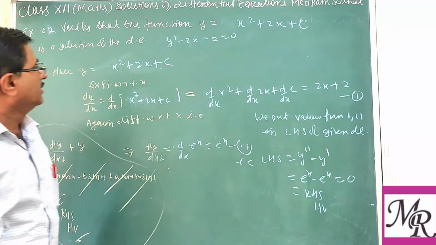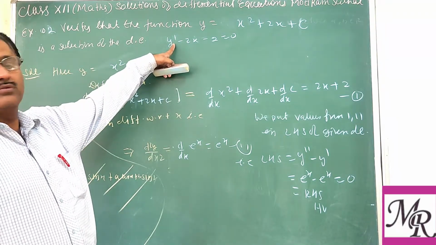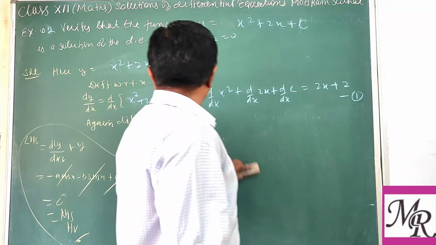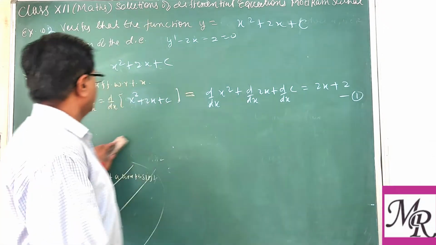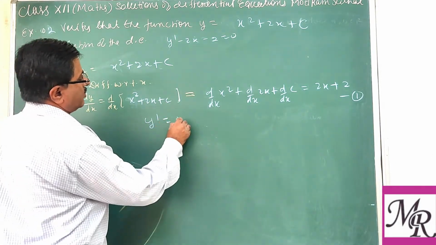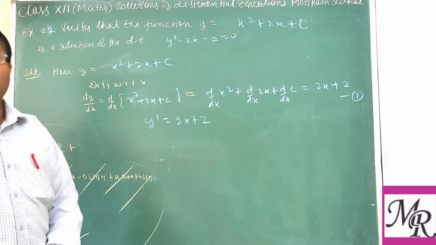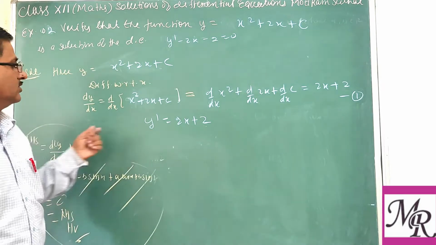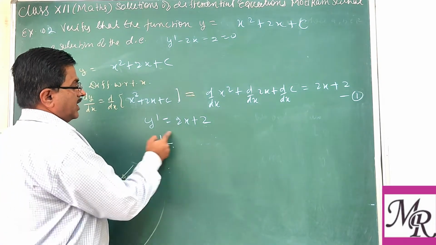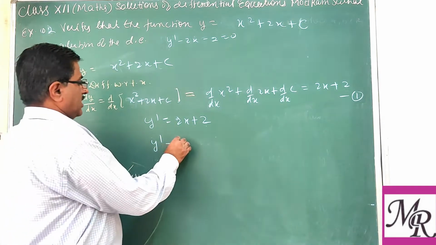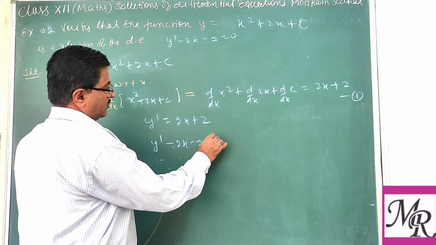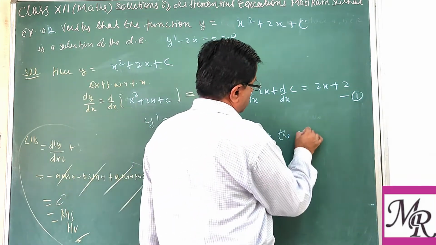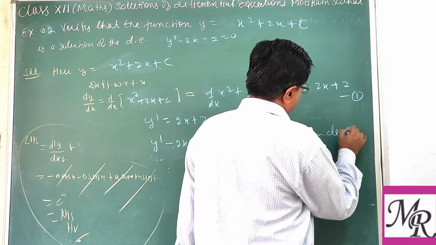Now we need only the first derivative, so we can easily prove it with the short method because only one derivative is there. So what we are getting, y dash equal to 2x plus 2. So either you can put this value in the equation or directly transfer it to the left side. So y dash, minus 2x, minus 2, which is the given differential equation.